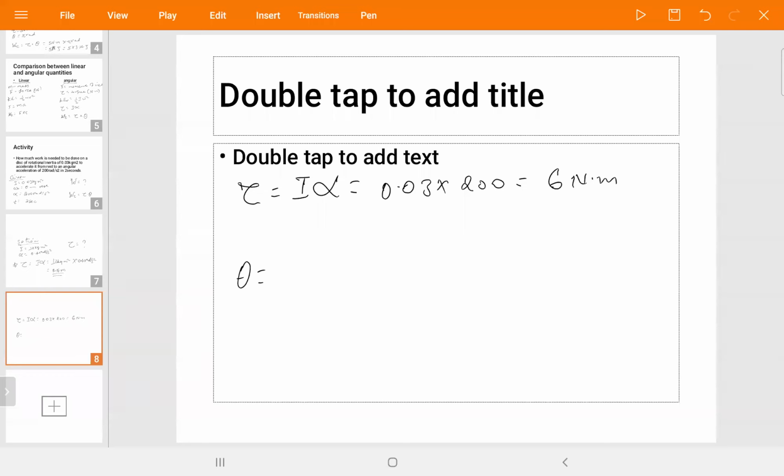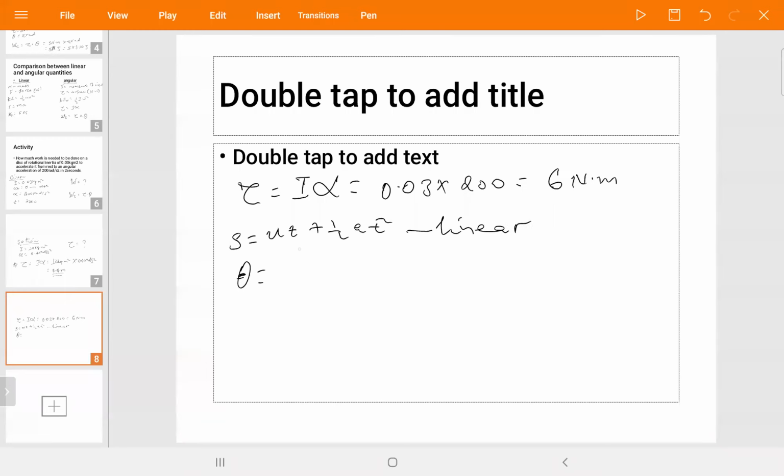And the second one is quite tricky because you have to recall the equation of motion, which is, for linear distance, equals initial velocity times time plus half a t squared. This one is for linear.